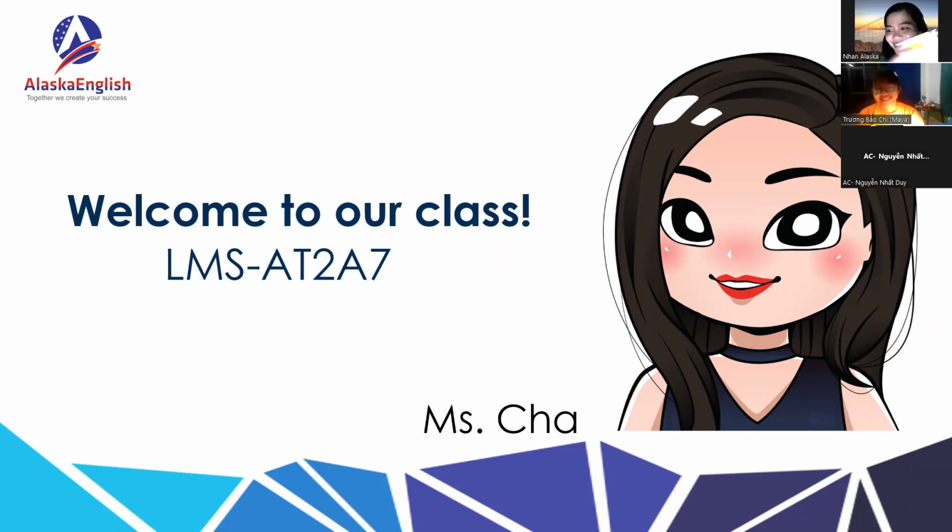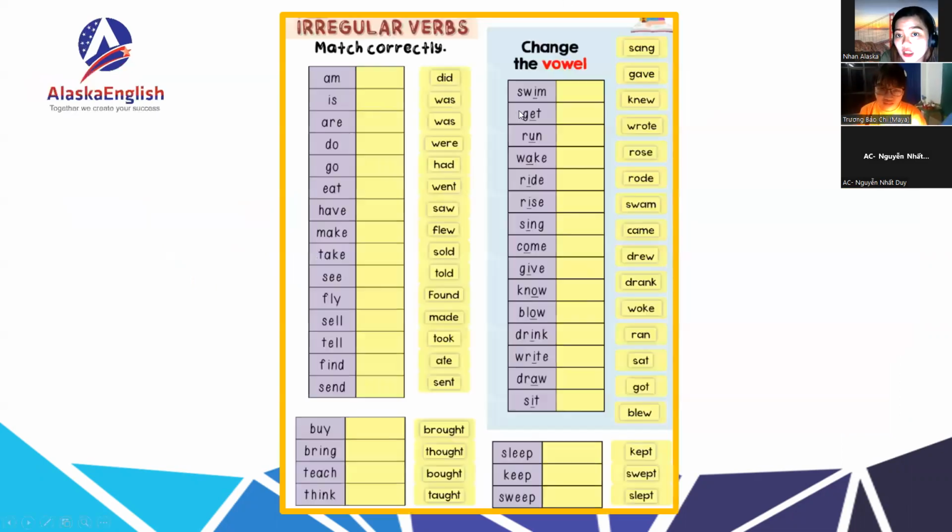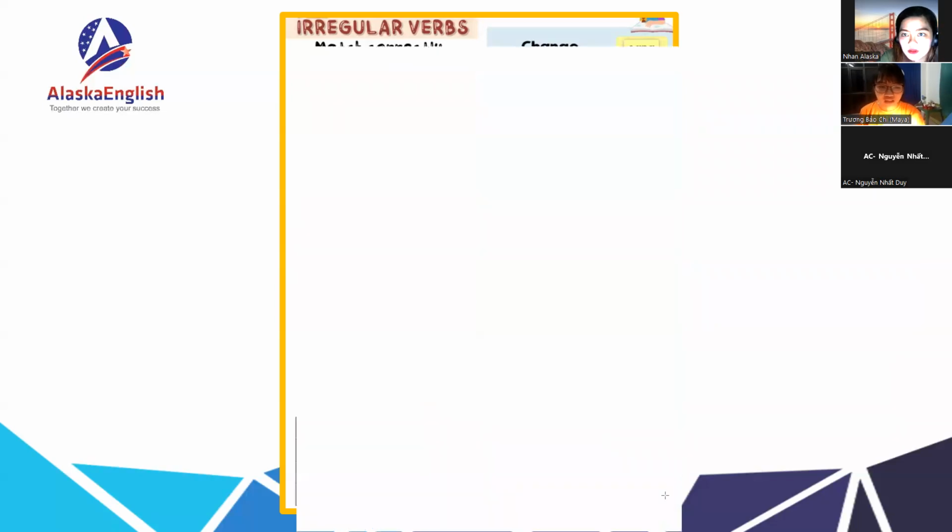If you still remember our last meeting, we tackled the irregular past. What did you learn about it? What are the three ways to identify the irregular verbs? How can you distinguish them?